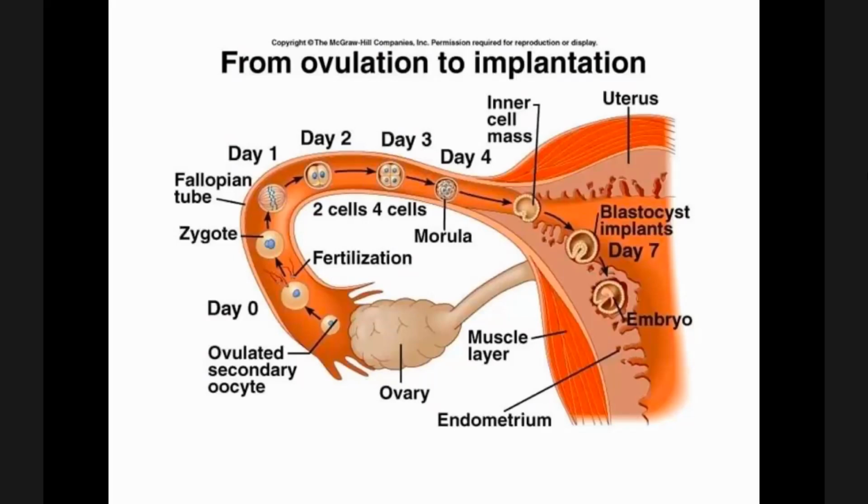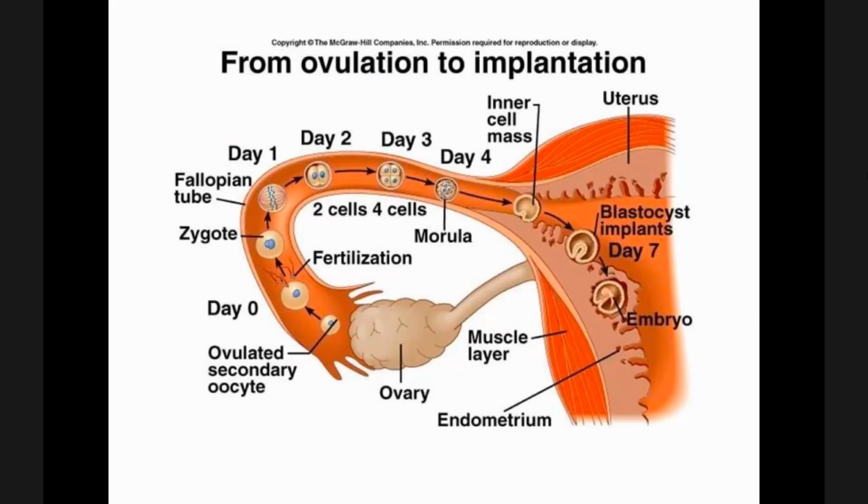Then it comes through to the endometrium, and implantation occurs around the sixth or seventh day of the embryo. The stage of the embryo is called a blastocyst. It implants.